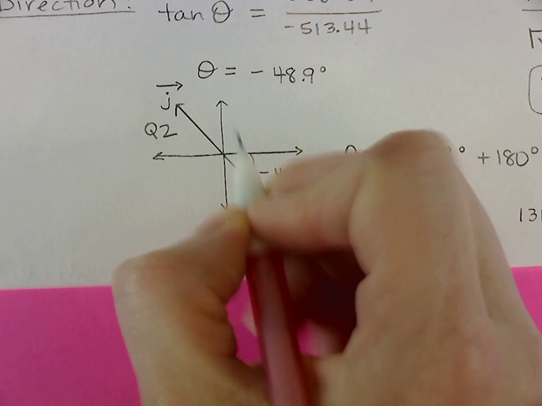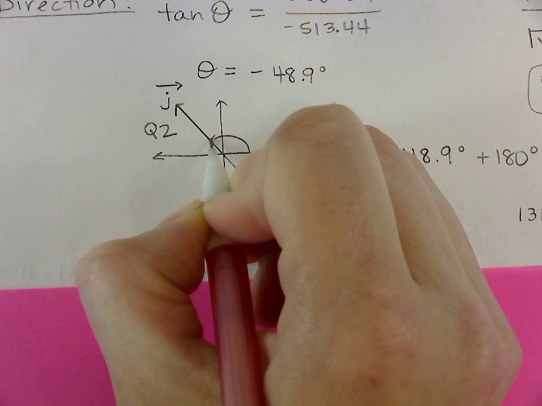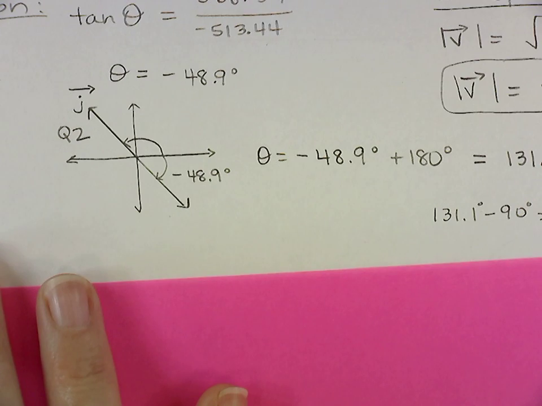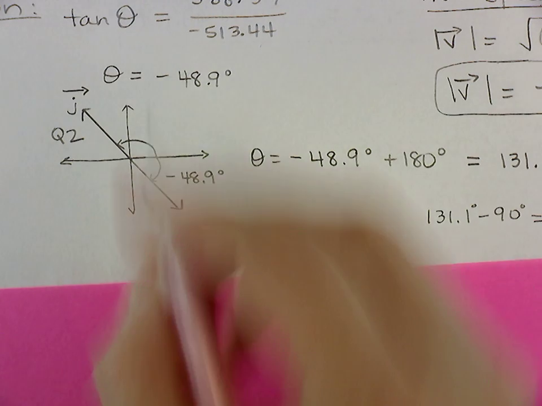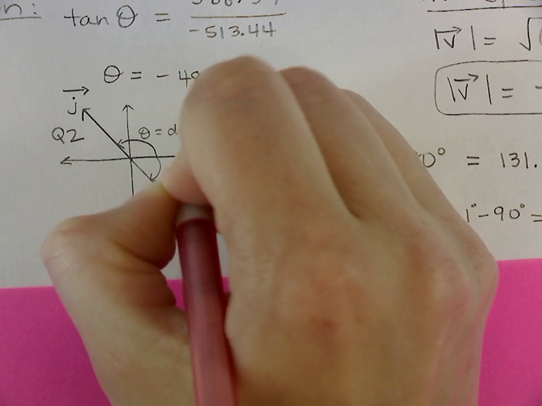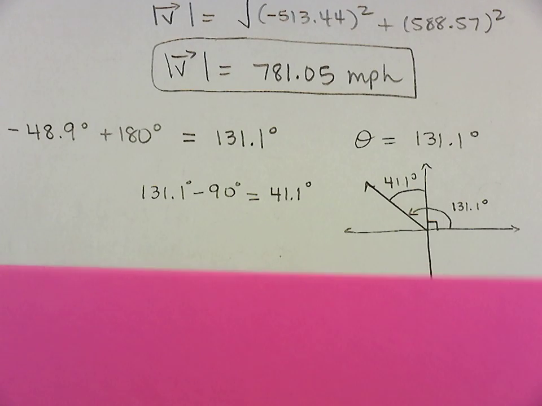So really the theta value that I'm finding is from here to here, which I can find by just adding 180, because they're going to be 180 degrees from each other. So this is going to be your theta, your direction. Then when you do that, you get 131.1 degrees.